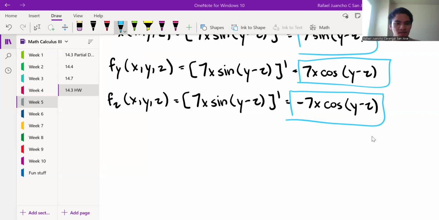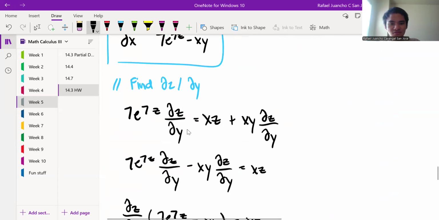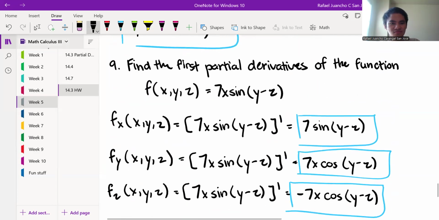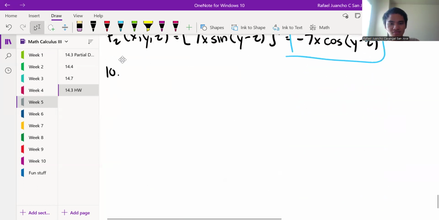Okay. Next, let's do, yeah, we can do number 10, doesn't matter. So here again, we're being asked to find first partial derivatives of a particular function. So we're trying to find these guys.